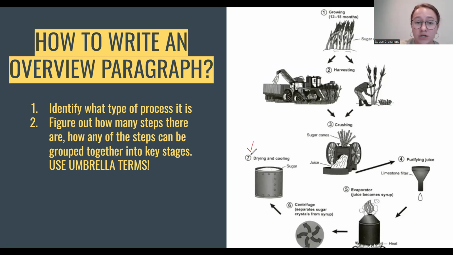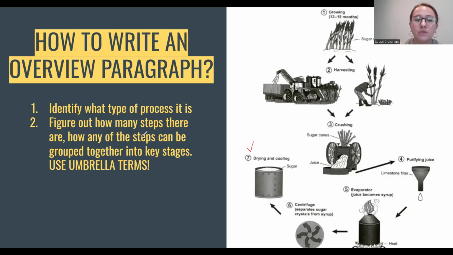The next question that you need to ask yourself: how can any of the steps be grouped together into key stages? We need to find some logic to divide all of our 7 steps into key stages. They can be 2 stages, 3 stages, 4 stages, but not too many.